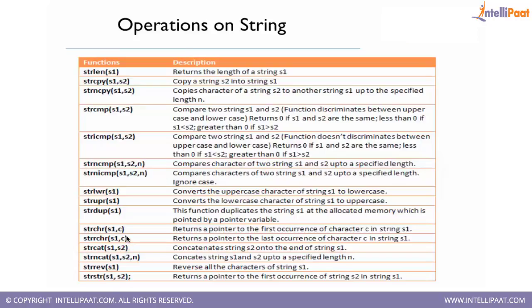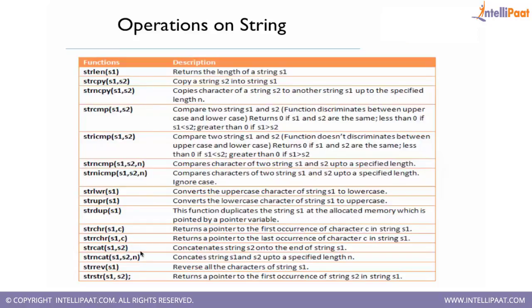So strchr compares a character, but this function compares a string. If you have a very long string s1 and a very small string s2 and you want to find the first occurrence of s2 in s1, you can use this function strstr.